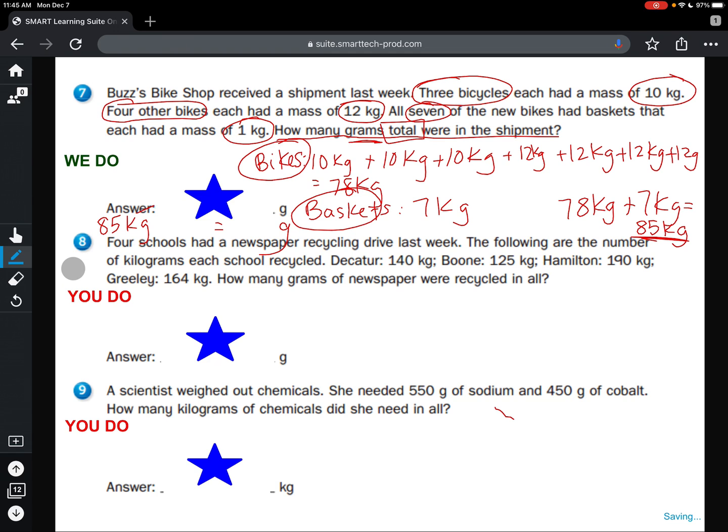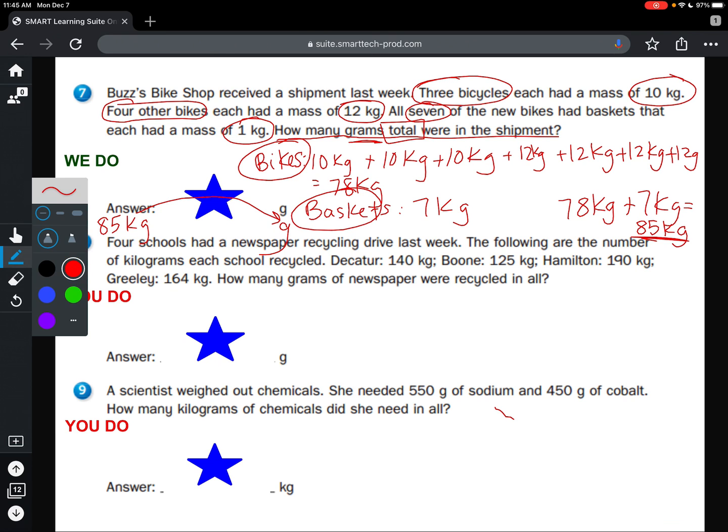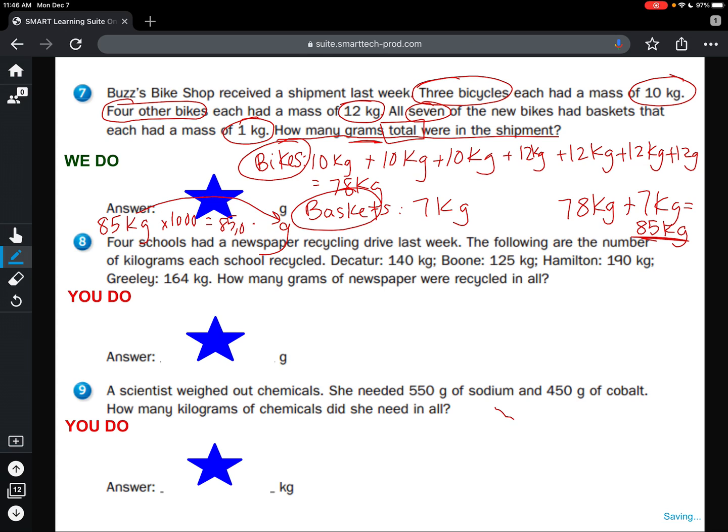If I go from kilograms to grams, I have to multiply by 1,000. So I know that 85 times 1,000 gives me 85,000 grams. That's my answer, 85,000 grams.